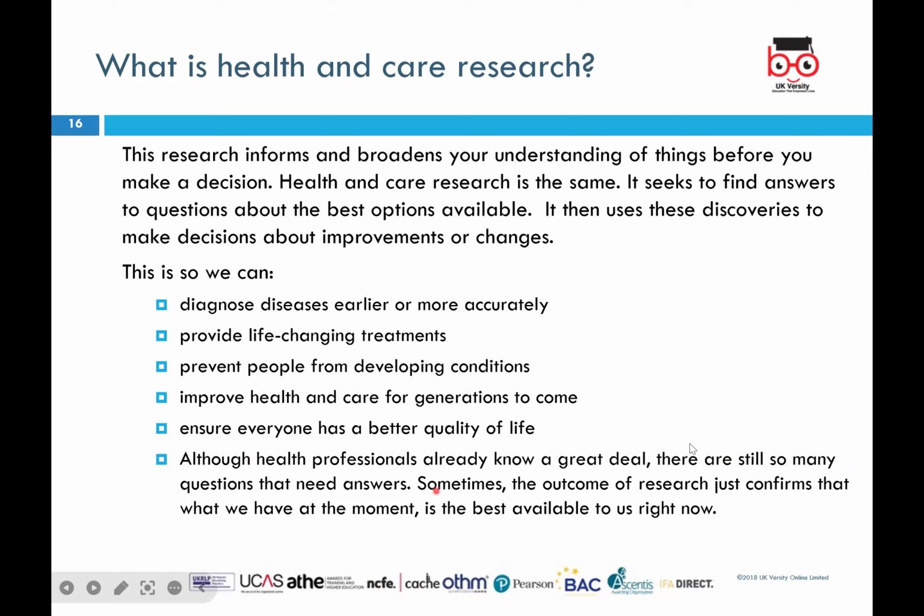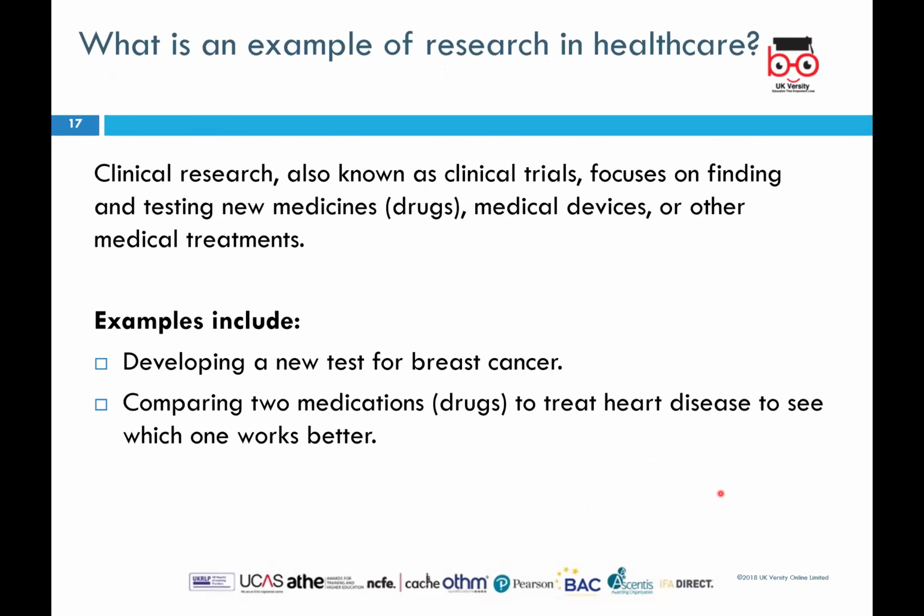And there's a great deal to do. There are still so many questions that need answers. Sometimes the research you do confirms that what we have at the moment is the best available to us right now, and this is the best we could do. So this is what your objective should be in this research.